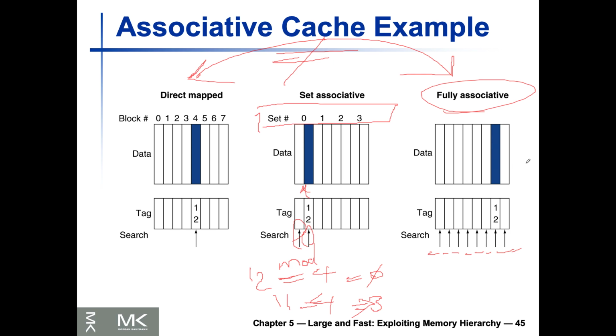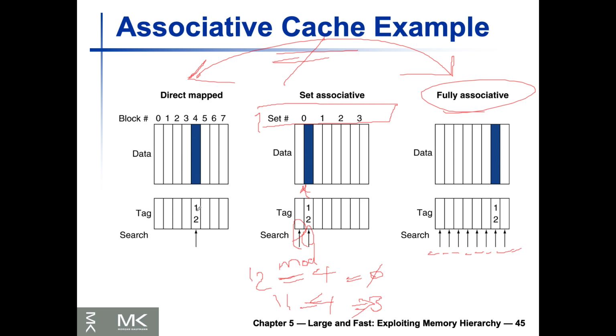While if you have a set associative cache with a limited number of sets, in this case 4 sets, you need only n comparators. By the index, you know which set to look in, but inside a set, where exactly the block is, you need to search for. So you need that number of comparators.